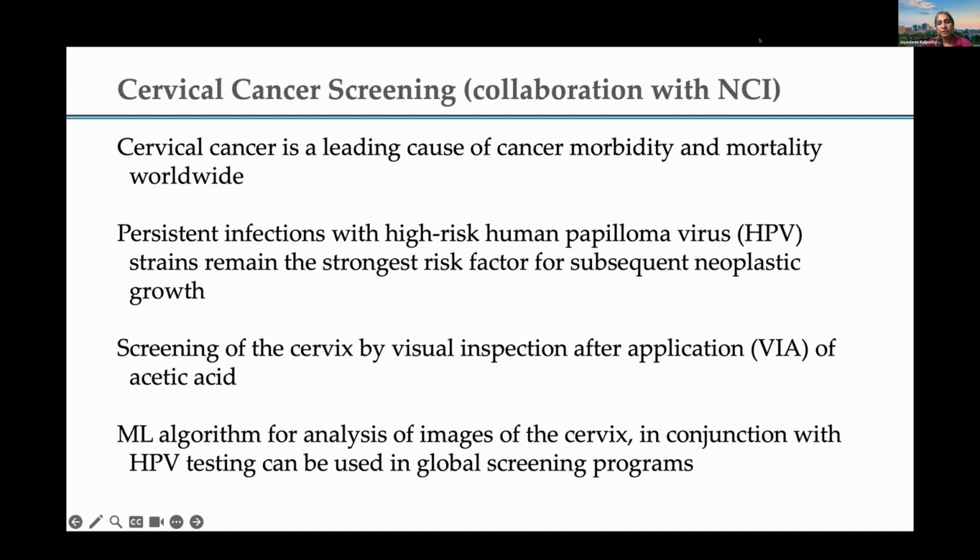So the question is, instead of doing this in a human way that is potentially subject to a lot of variation, can we train an algorithm to do the same sort of task? Can you analyze the images of the cervix after the application of acetic acid, look for things like whitening, and do it in the context of a large screening and triage approach?